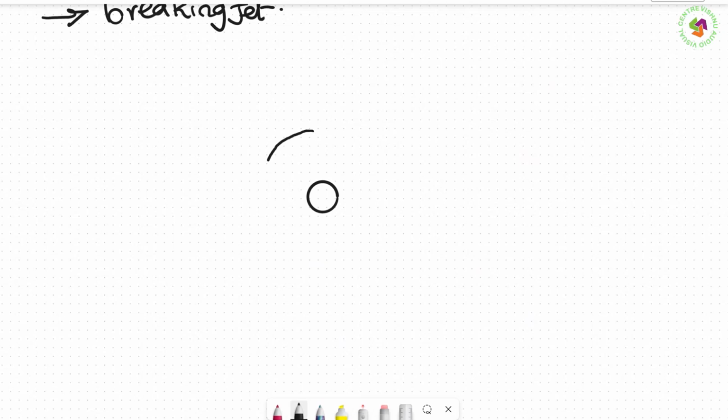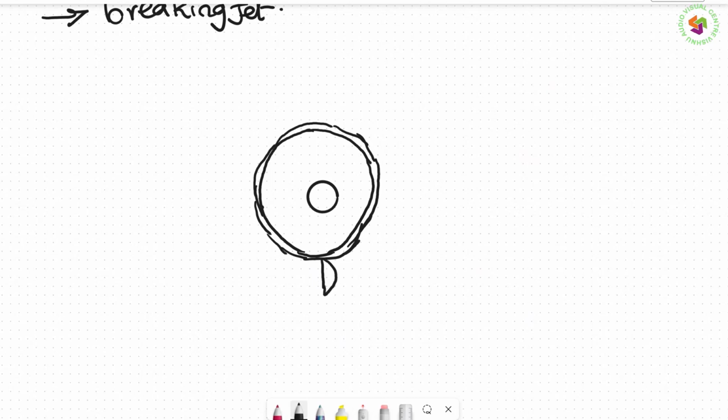On the shaft, there will be the runner. Then on it, buckets will be there, like that, on the periphery.